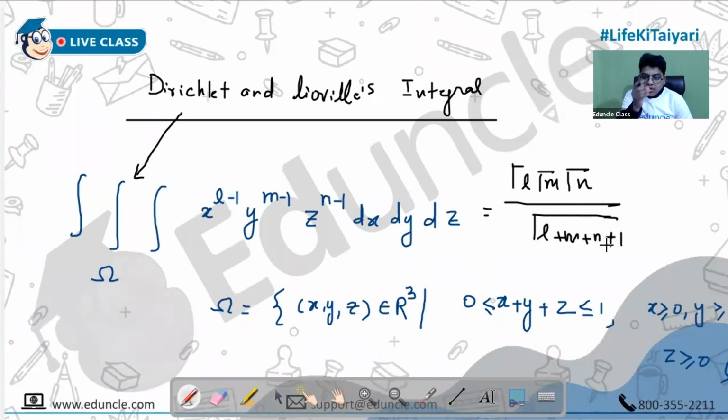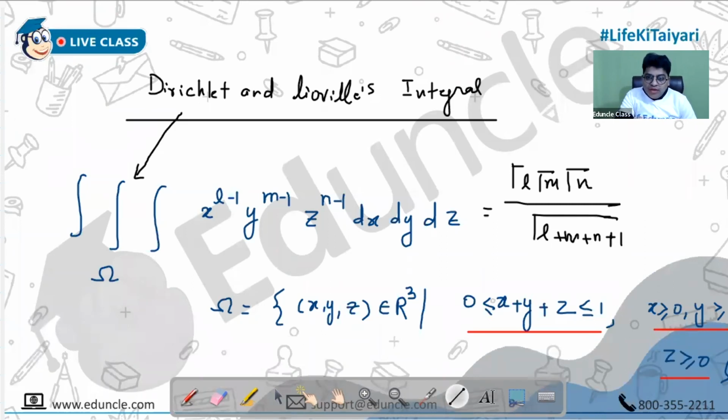This is called the gamma function. Okay, this is the integral. Done. But the condition remains same. The condition is x plus y plus z lies between 0 and 1, and x, y, z, all these are greater than or equal to 0. This is also clear. Yes.